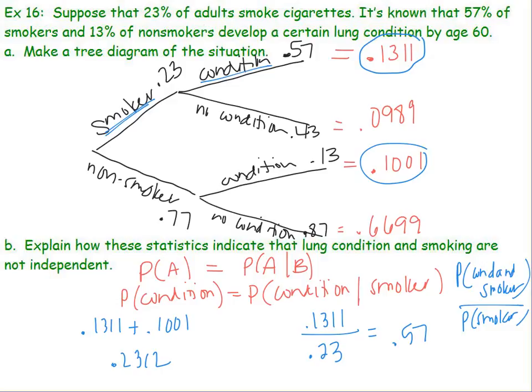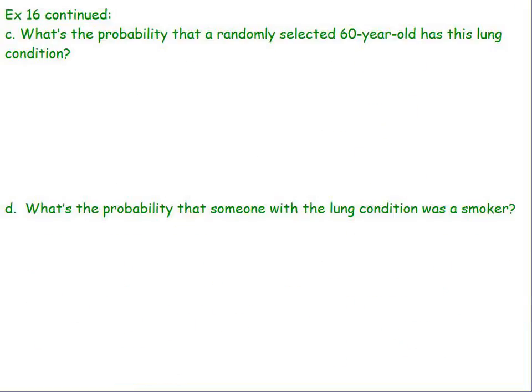Well, I have 0.2312 and 0.57. These are obviously not equal, which also means these are not independent. So make sure when you're looking at independent, it's always the probability of A has to equal the probability of A given B.